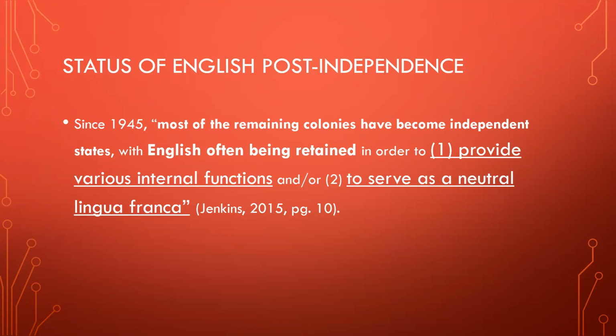But we know it's not the case for us. With English, however, being retained in all of these contexts. So in the majority of these contexts, English has been retained to fulfill particular roles. Even though they're independent, English is still there.